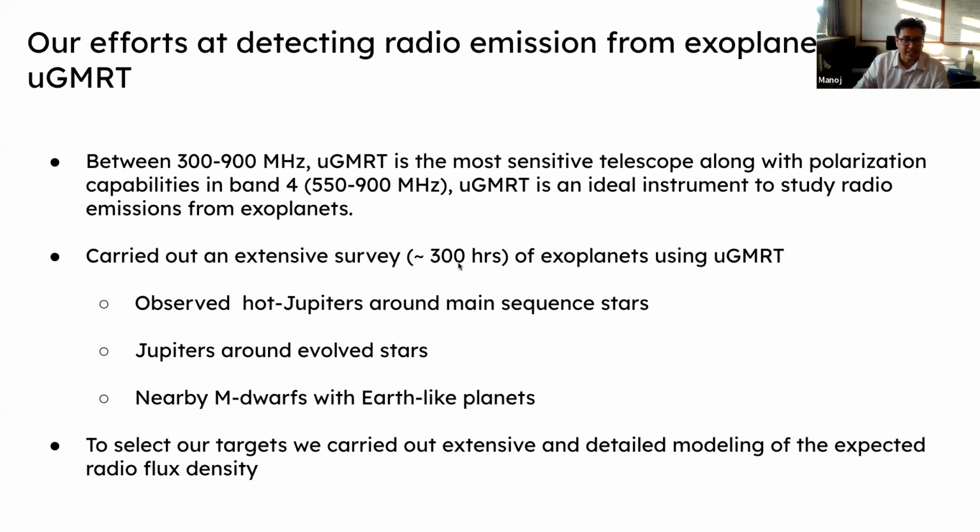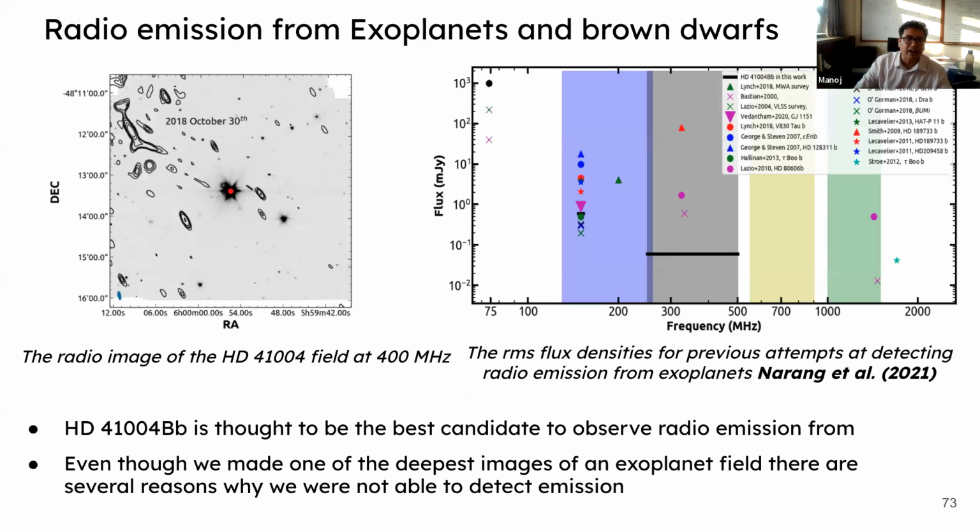So we carried out an extensive survey with GMRT, about 300 hours, and we observed 3 different kinds of sources. I can discuss this more during the question and answer session. We have not been able to detect, but we were able to place some of the strongest upper limits, from which we were able to constrain and rule out some of the theoretical mechanisms predicted.